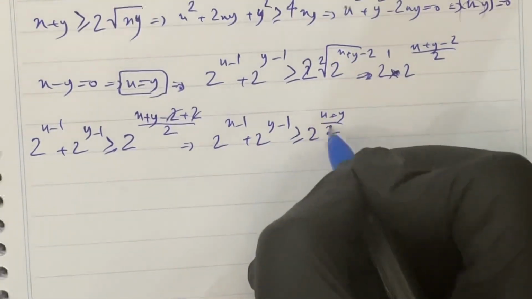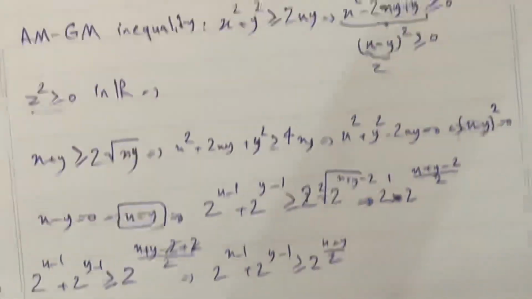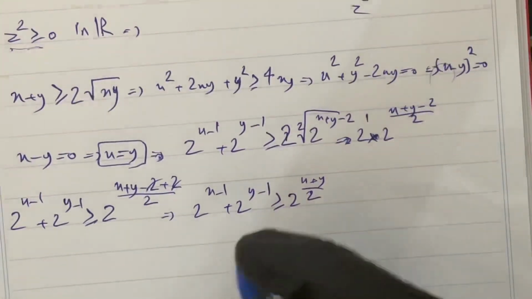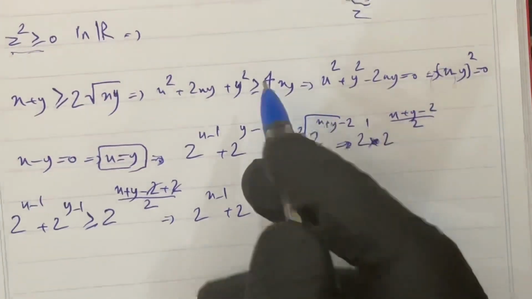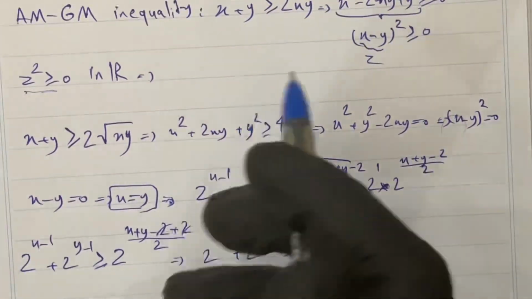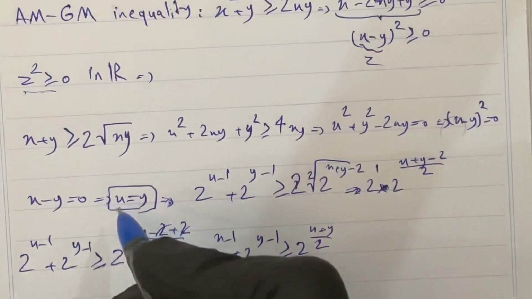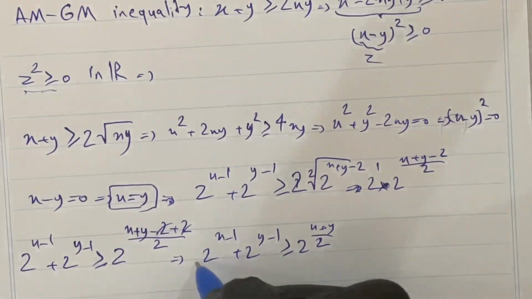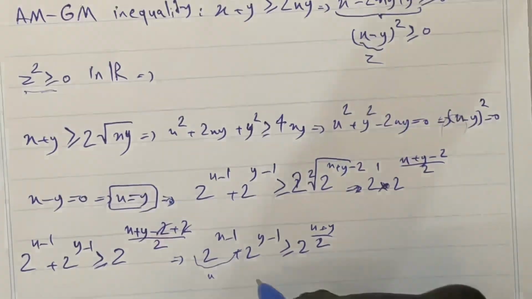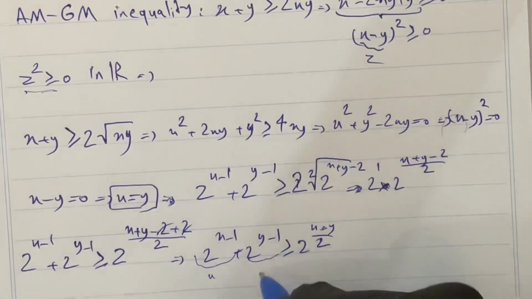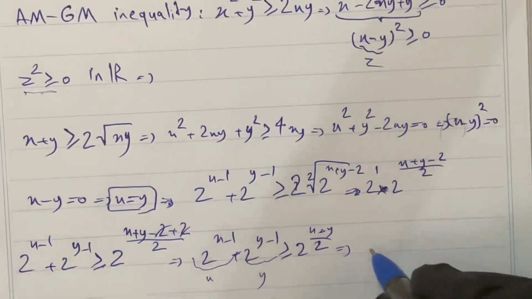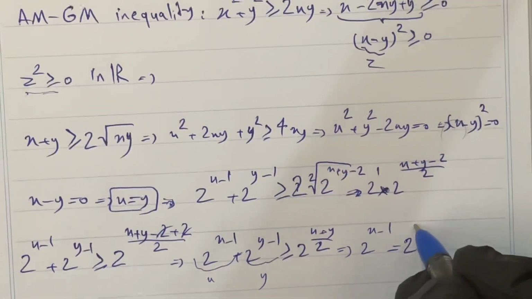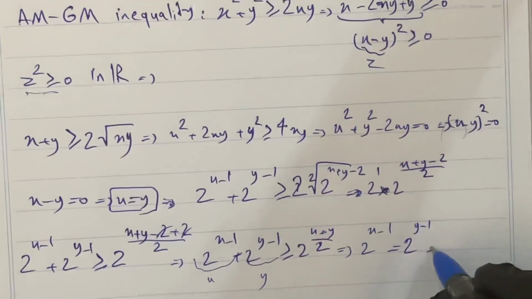And so if you look at our main equation here, you see that the equality happens in this case. What we said above is that when the equality happens, x equals y. In this case, this whole is x, this is y. So 2 to the power of x minus 1 is equal to 2 to the power of y minus 1.